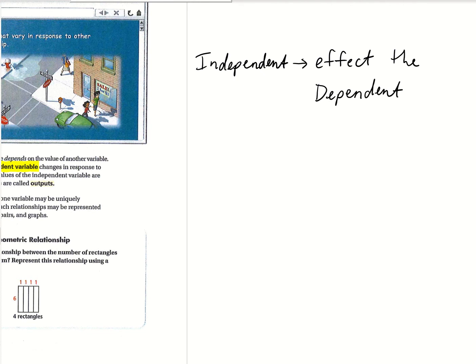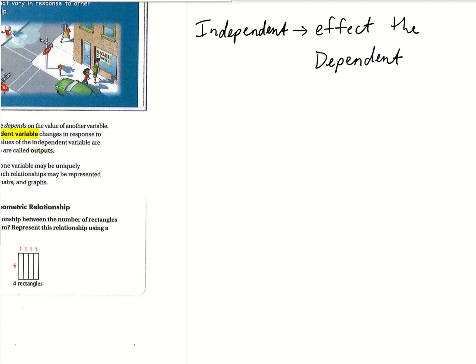Just like if you're talking about your own life, being like, yeah, Mom, I'm independent, I don't need you. That means you can do it on your own. And don't say that to your mom; she'll stop cooking you meals. So that's independent, and then dependent, you depend on something else.